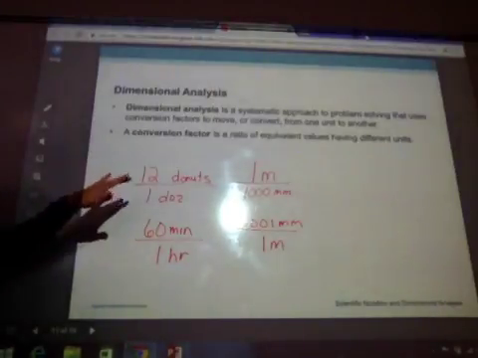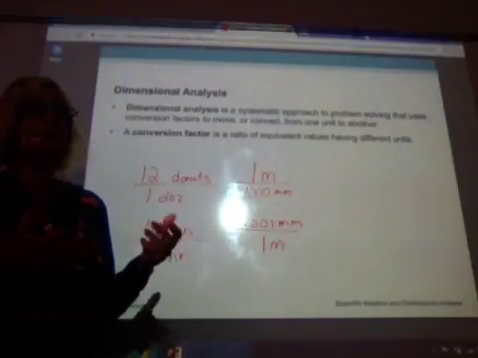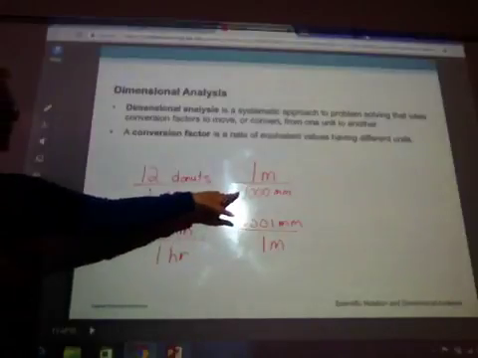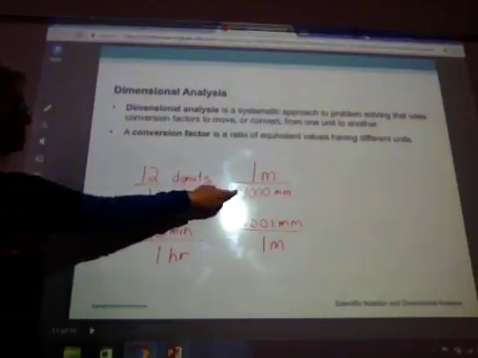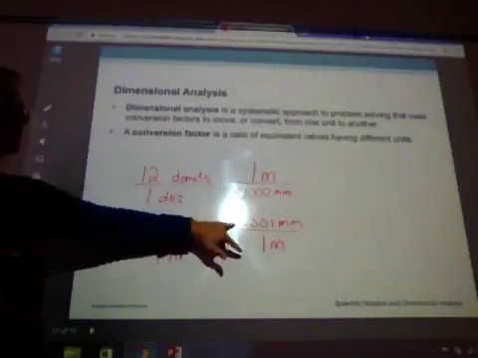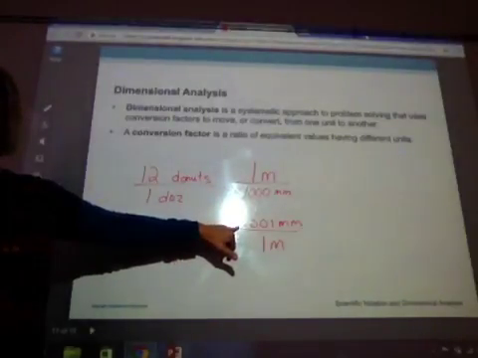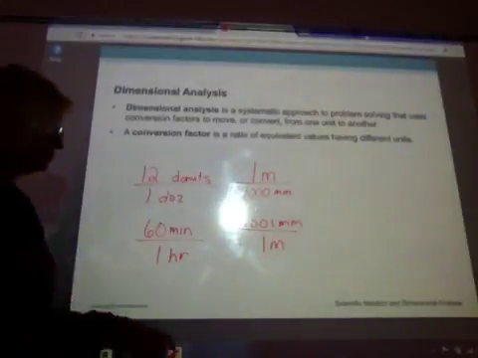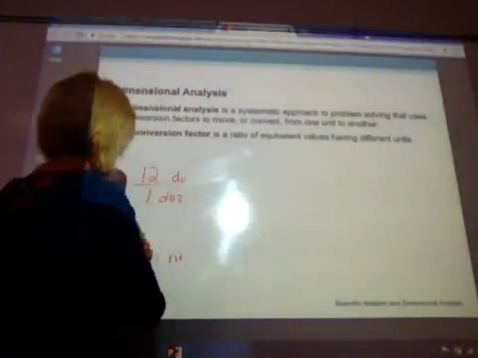So conversion factors are equivalent. They mean the same thing, but we're going to use them in different ways. I like to use 1,000 milliliters, 1,000 meters, 100 centimeters. From your table, you can also use your decimals. So it doesn't matter which way you go, as long as you're using two things that are the same.